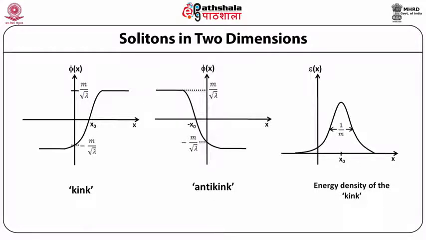And in the second part, φ(x) has an anti-kink at x = −x₀. The energy density of the kink is also plotted as a function of x and is found to have a peak at x = x₀.